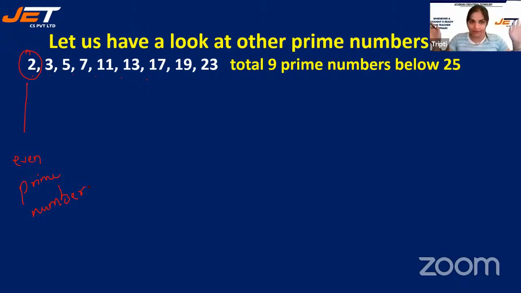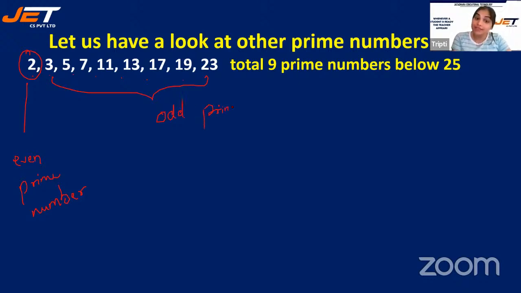From all the numbers, below 25 or after 25 or whatever, 2 is the single even prime number. All the other prime numbers are odd prime numbers.